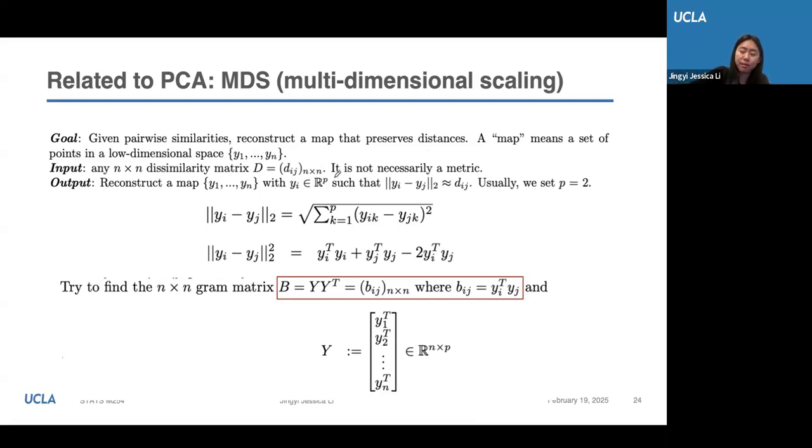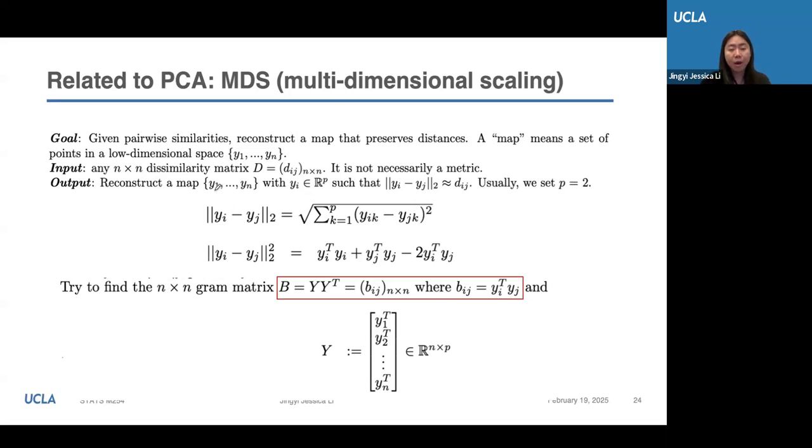A metric is a mathematical concept that requires certain things: non-negativity, symmetry, and following the triangle inequality. But this dissimilarity may not satisfy the triangle inequality. That's not a requirement in our computation.